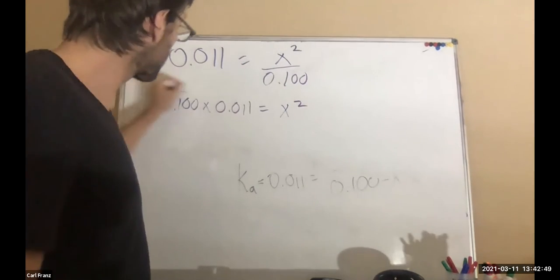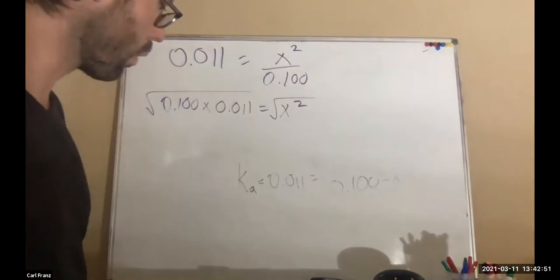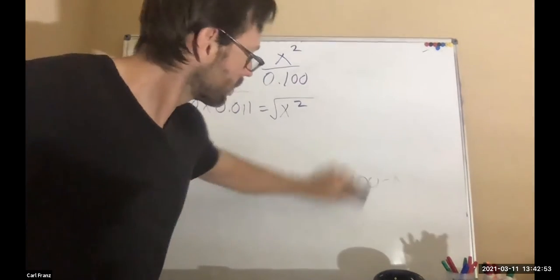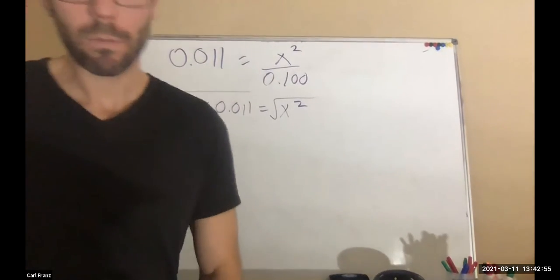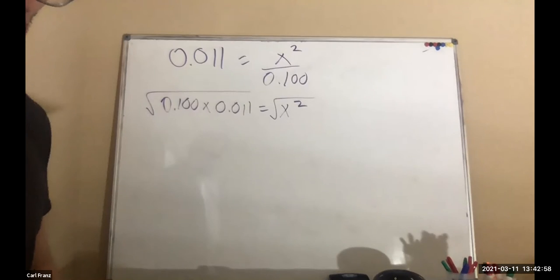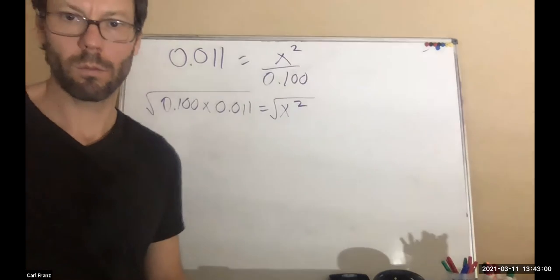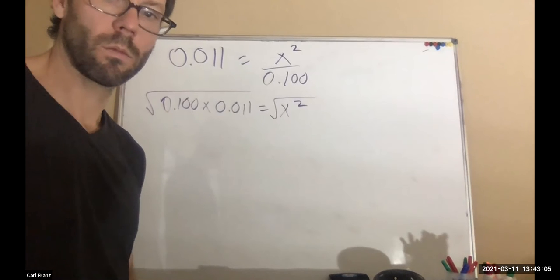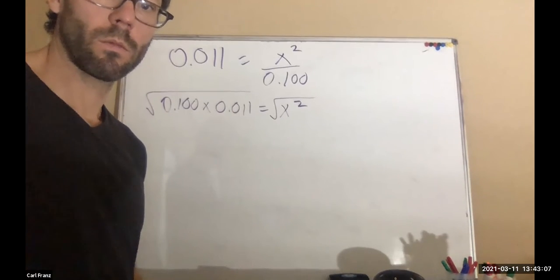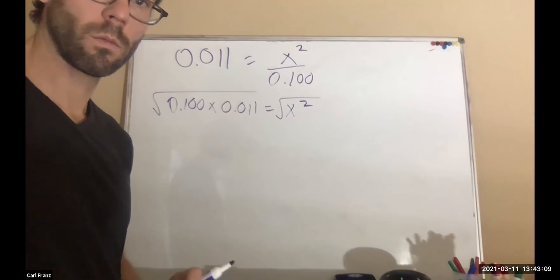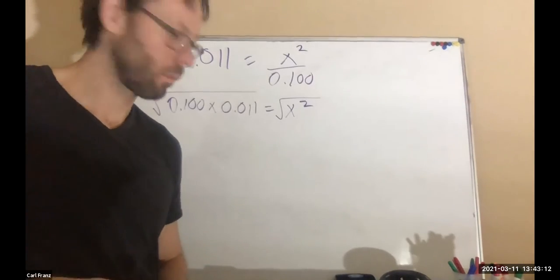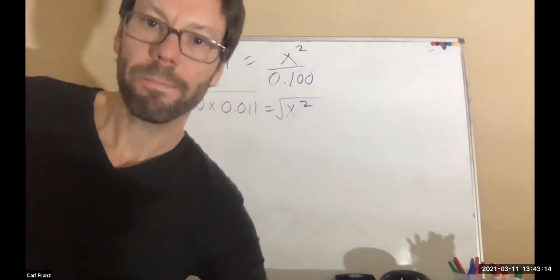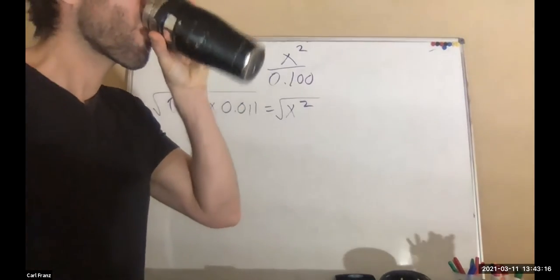And then we just take the square root of each side, and what do we get? Anybody?